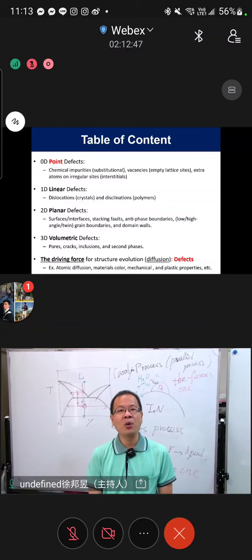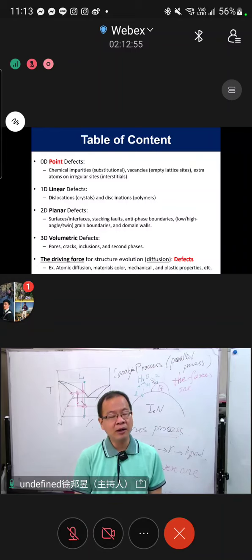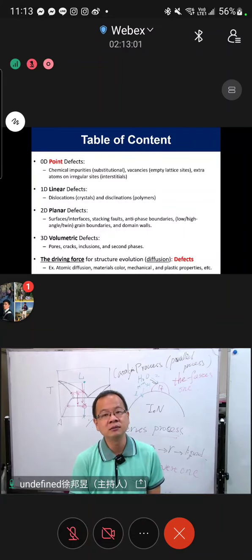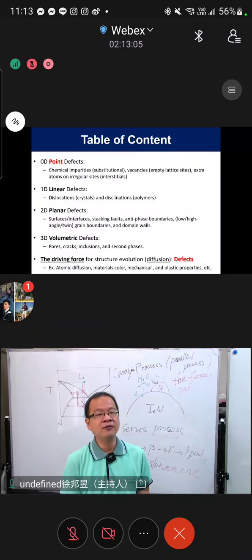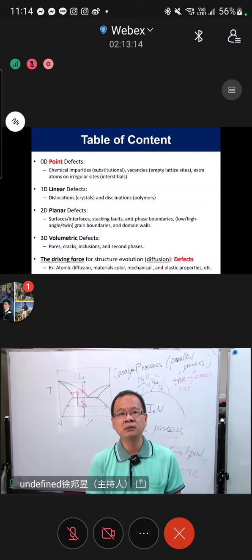That's why defects can drive diffusion to happen, because you destroy the thermal equilibrium state of a crystal. So the defect site now has a very high energy compared to the initial state without any broken bonds, right? That's why defects will drive kinetic diffusion to happen. Now you need to know this logic, all right? It's not something you memorize. The logic tells you so.